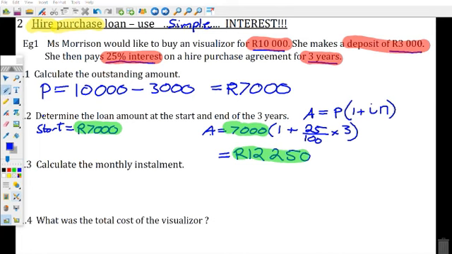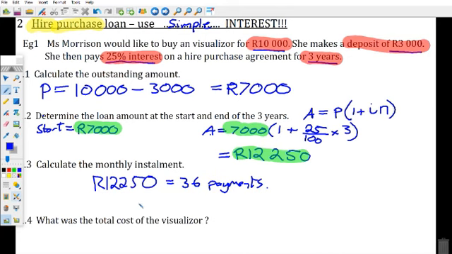All right. So let's look at the next question. They're asking for the monthly installment. So at the end of 3 years she's paid 12,250. How many times did she make a payment if it's monthly installments? Exactly, which is equal to 36 payments. So how much is one monthly installment?